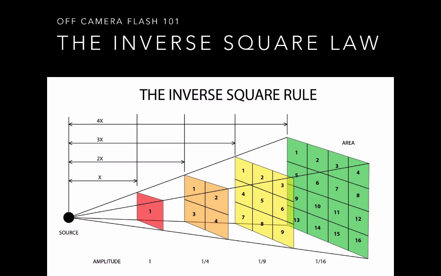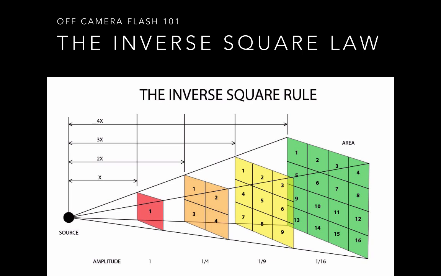If you look at the red square, that's 1 foot away from the source, the black dot. Once you double that distance to the orange squares, you'll see that you have 4 times the amount of area that light has to hit. When you double the distance again, from the orange square to the green area, instead of having half the light, you've got another 4 times the area.